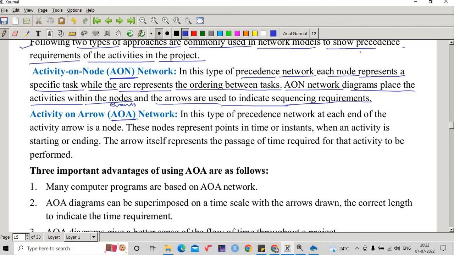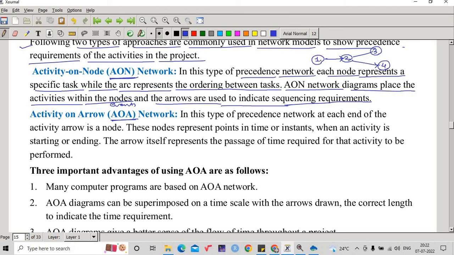This will be followed in this way: 1 to 2. So the arrowhead suggests that this is your first activity. 2 to 3, second activity. This is the third activity, fourth activity, and so on. So our activity is mentioned at the node.